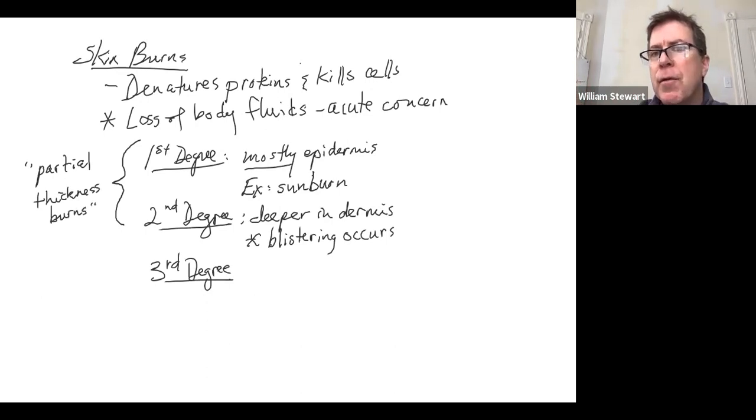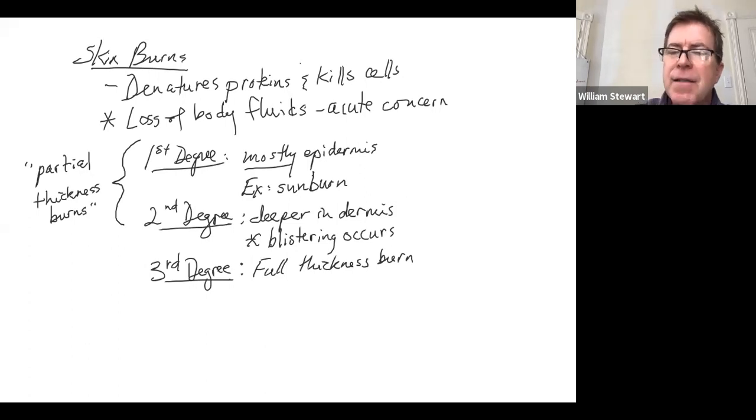Third degree burns, of course, are the most severe. This is what we call a full thickness burn. The entire skin layers are affected: all 5 layers of the epidermis are burned, as well as the papillary and reticular dermis.